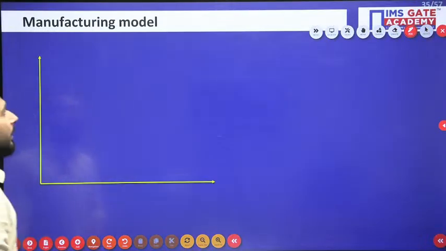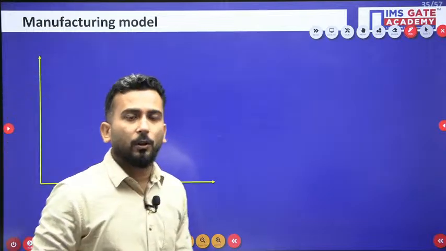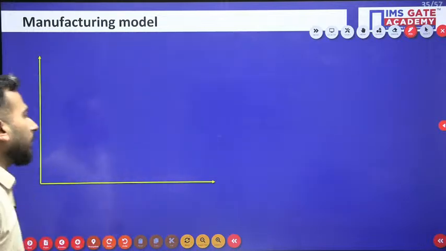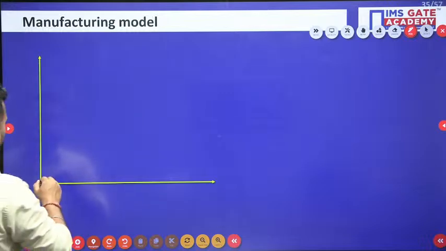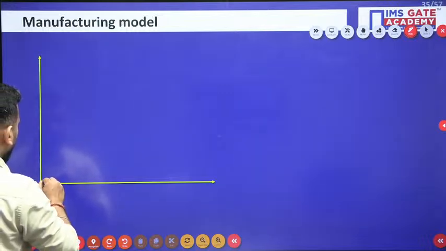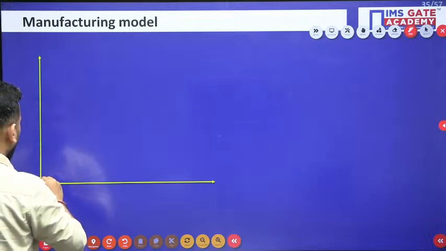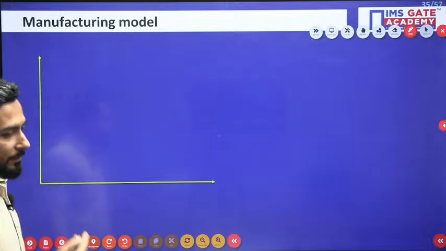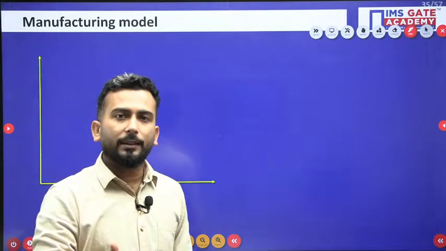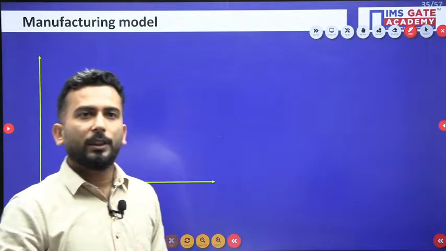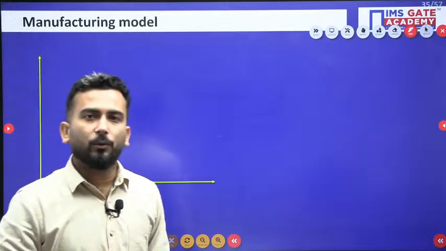Now moving on to the next model, that is the manufacturing model or the production consumption model. In this model, what is the difference? You are not ordering, you are instead making on your own. So definitely some setup cost will be involved.